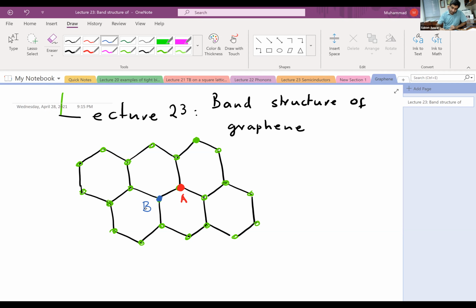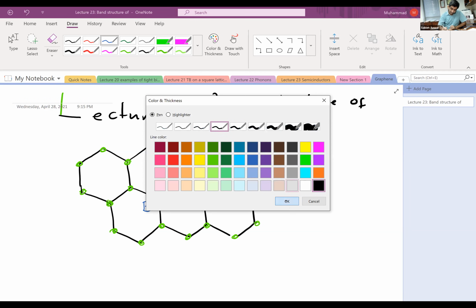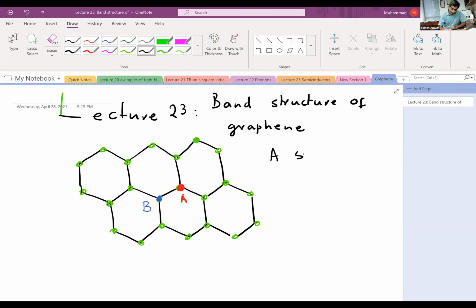All right. So now let's imagine that this structure is subdivided into what are called 2 sublattices. There is an A sublattice and there is a B sublattice.